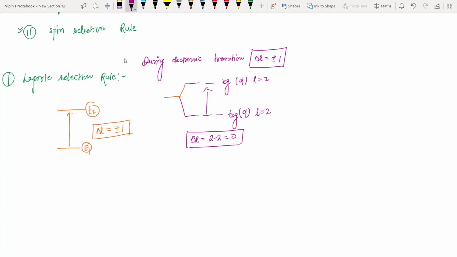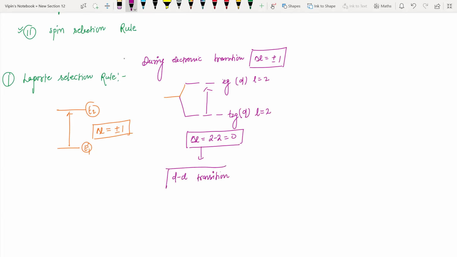It means when there is d-d transition, when there is electronic transition between two d energy levels, the difference in the value of L is 0. It means this d-d transition is not obeying the Laporte selection rule.